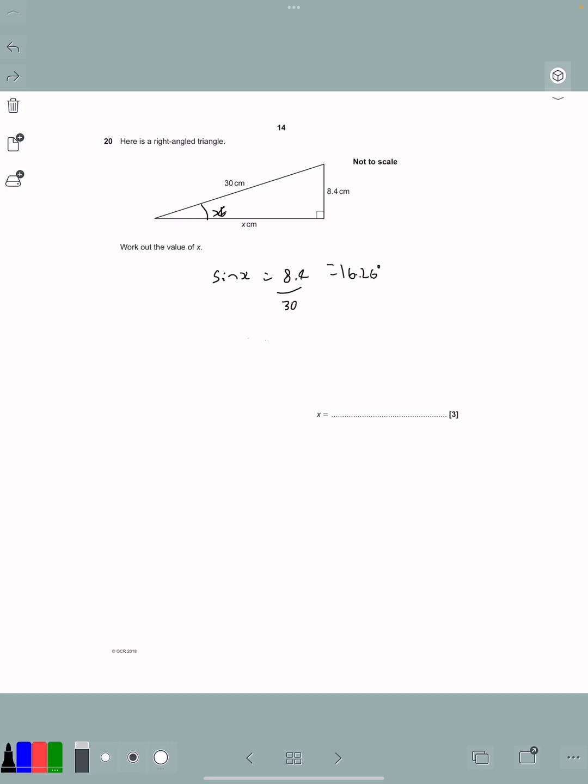And then cos of our answer, which is 16.26, equals x over 30. So 30 cos of the answer equals x.